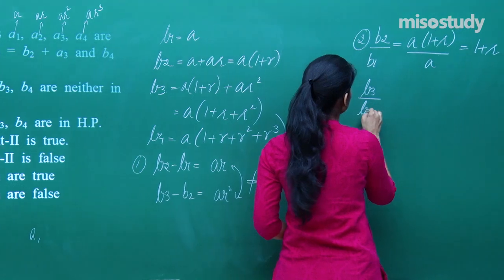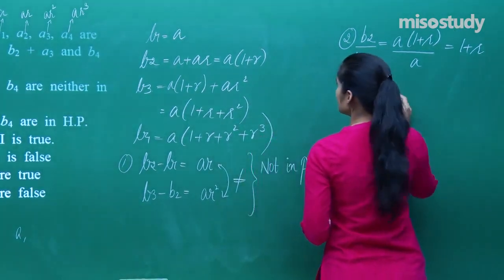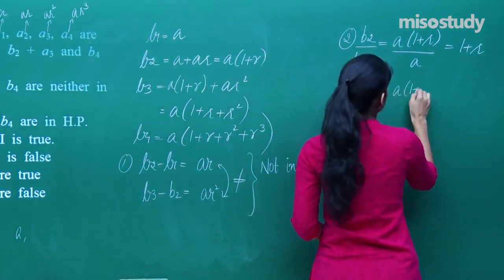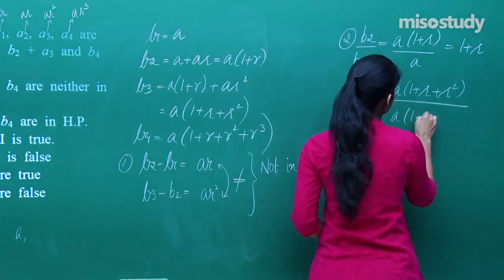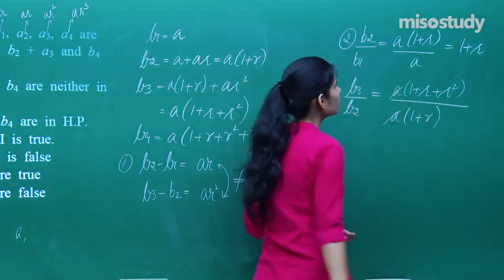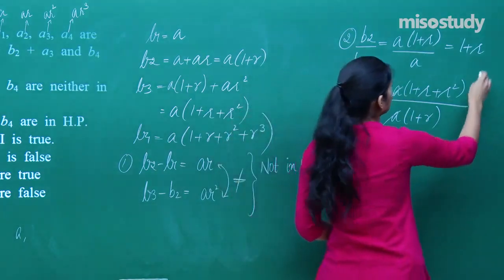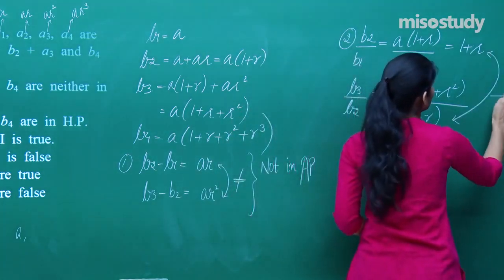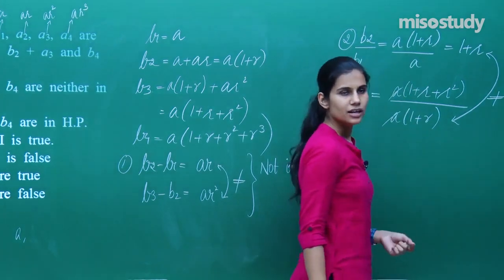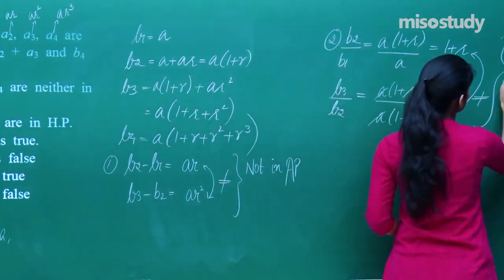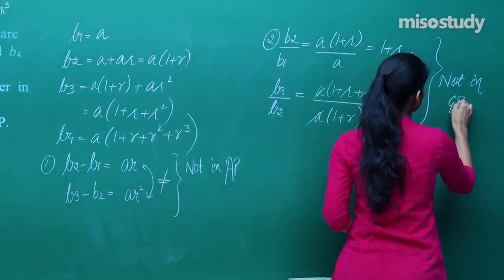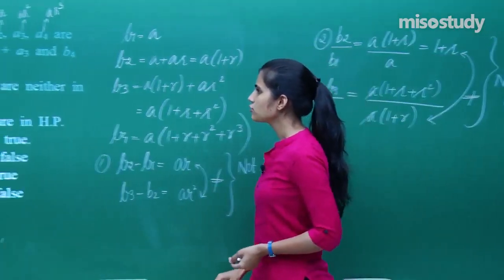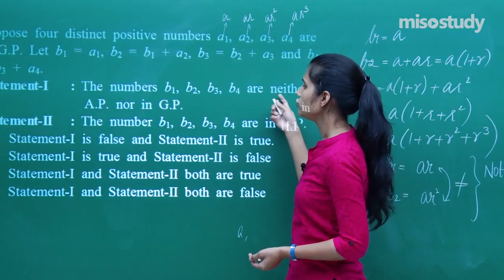And B3 by B2, B3 is a(1 plus r plus r square), and here you have a(1 plus r), so you can very clearly see that both of them are again not equal, so they are not in GP as well. And therefore statement 1 is true that they are neither in AP nor in GP.